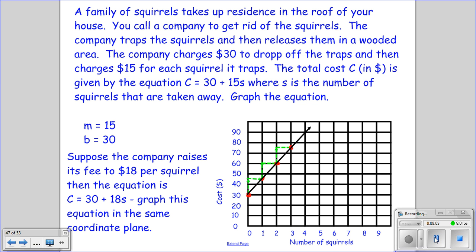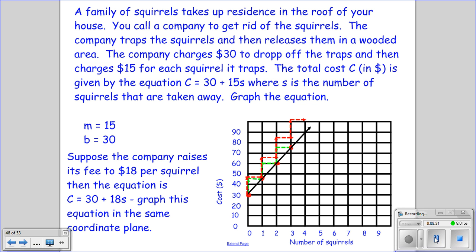Suppose the company raises its fee to $18 per squirrel. Then we have an equation that's C equals 30 plus 18s. Now let's graph this equation in the same coordinate plane. Notice that our y-intercept is still 30, but our slope this time is 18. As we start graphing the slope, it's going to go up 18 to the right 1, up 18 to the right 1, up 18 to the right 1.